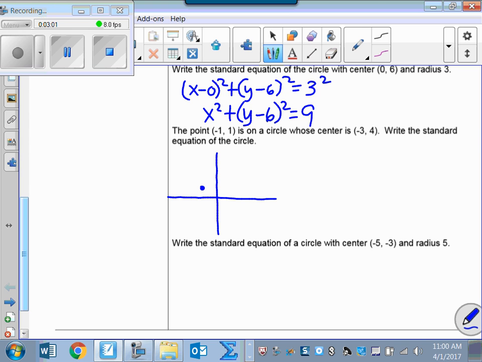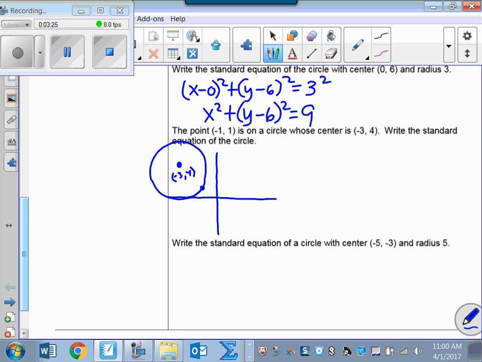It's on a circle whose center is at (-3, 4). So if that's -1, 2, 3, let's say that's our center right there. I'll label it (-3, 4). And so I know this point down here is on the circle. So clearly not a perfect circle, but it looks something like that.